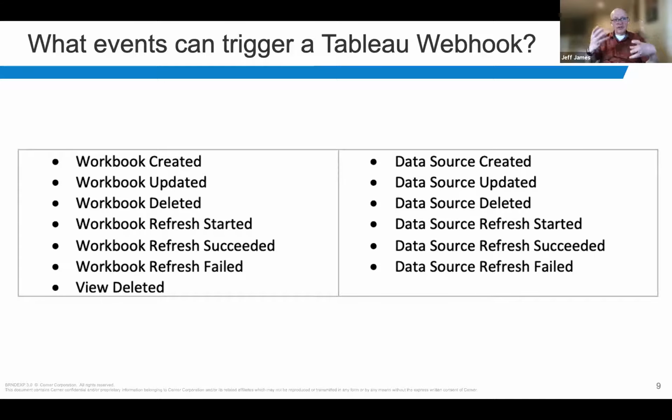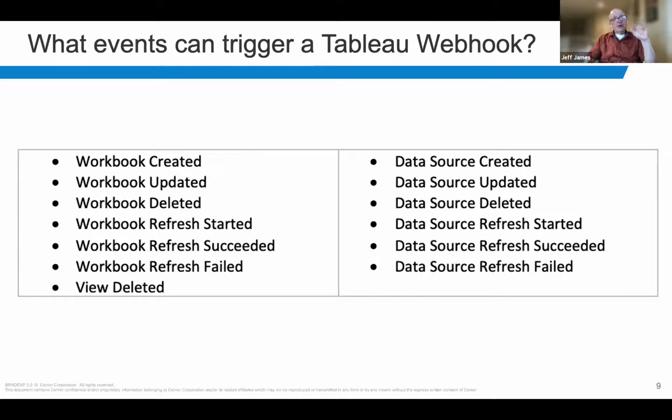These are all of the things that are happening inside the system. So anytime a workbook is created or it's updated, it's deleted, a refresh starts, succeeds, fails, a view is deleted from a workbook, and then the same sorts of things that happen on data sources, whether the data source is created, when it's updated, deleted, and refreshes.